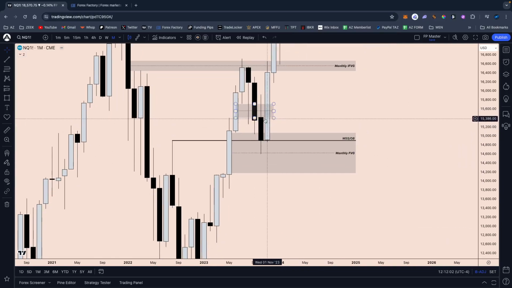So just because we invalidated, if we just look at this price right here, from this high to this low, we could also be looking at the 50%, which would also be sitting just at this level. But before we really completely turn bearish on the higher time frames, such as the monthly time frame, we would have to wait for confirmation closes below this monthly bullish fair value gap.